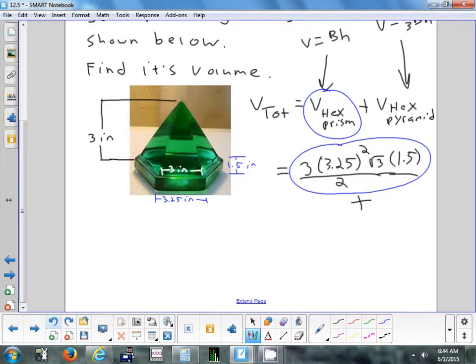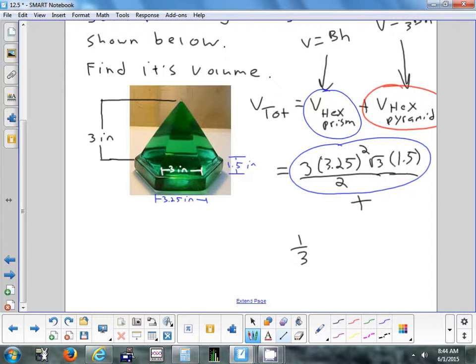Let's put it below. Plus, now I need the volume of the hexagonal pyramid. For that one, I'm going to put in the 1/3. Area of the base. Just be careful this time. It's only 3 for each side, not 3 1/4. The reason they make it a little shorter is so that when you put it in the deck, it doesn't fall through.